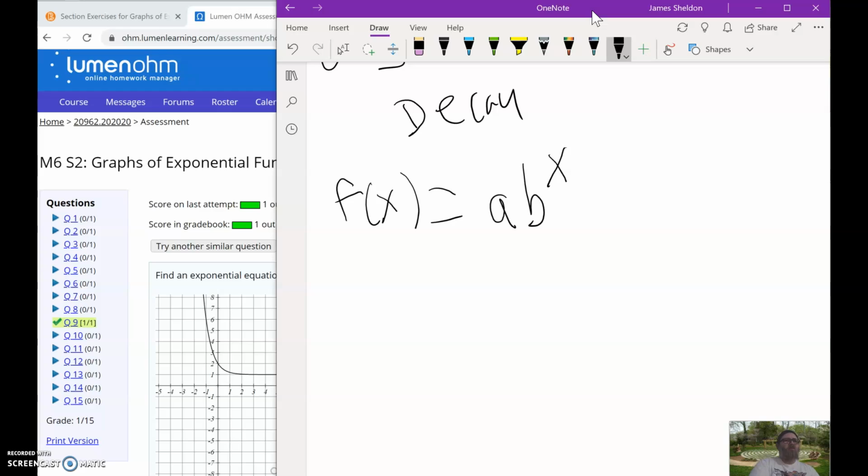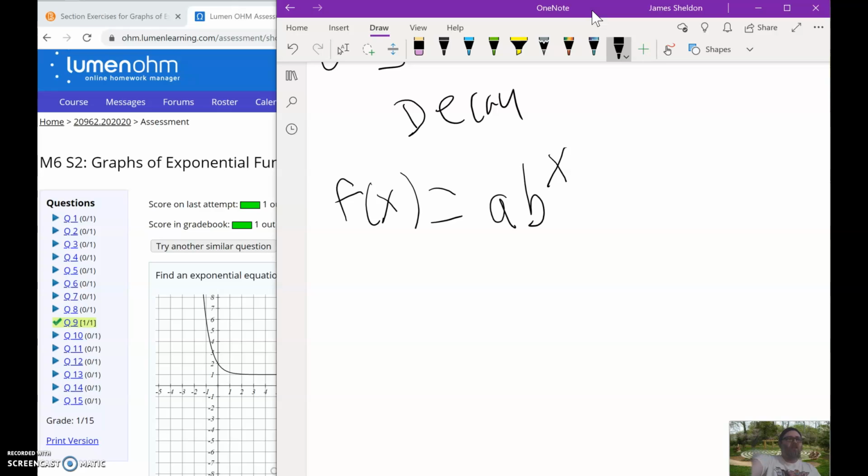Now, we know that it's decay, so as x gets larger and larger, then a b to the x is approaching 0.